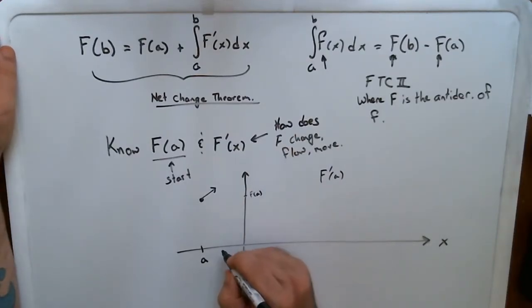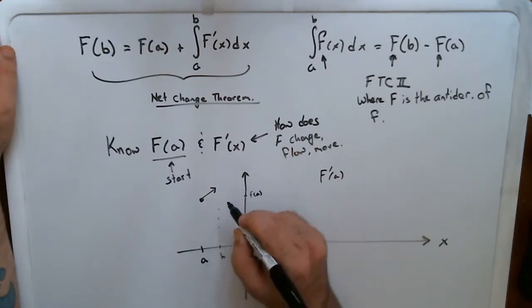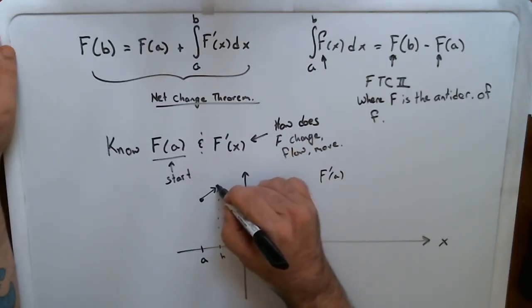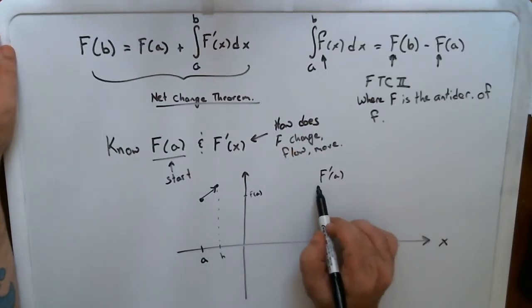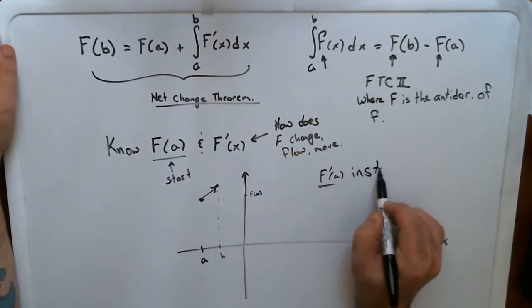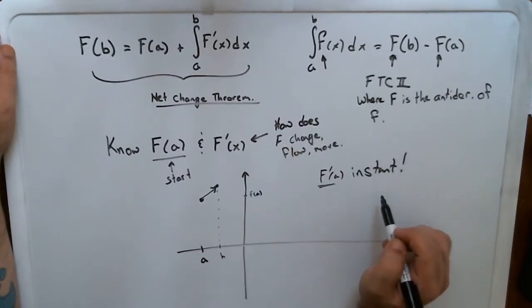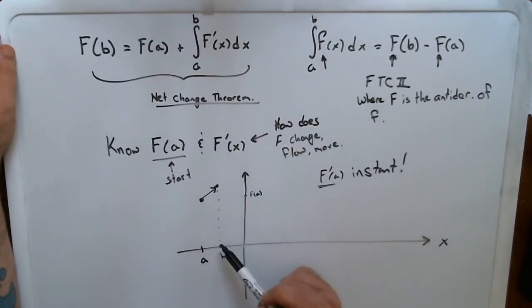And so what I could do, and this leads to a lot of numerical methods for doing stuff, is I have a point right here. Now, remember, this is instantaneous. And what I've done right here is a little something of an approximation. I've let a plus h right there.